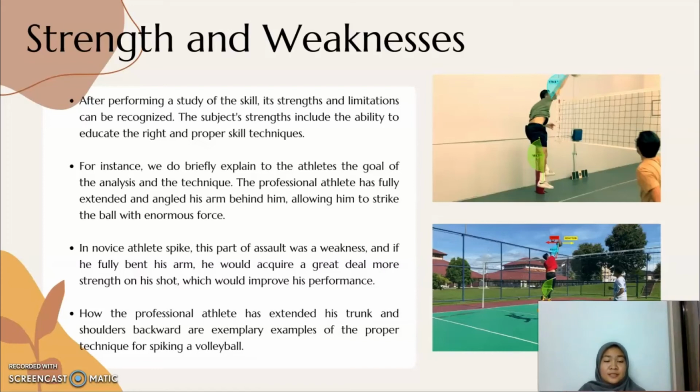Above is the professional athlete and below is the novice athlete. As you can see by the blue angle line, the professional has a wider and straighter, lengthened arm, which gives a more forceful impact to the ball and more acceleration compared to the novice athlete, who does not fully straighten or lengthen his arm.